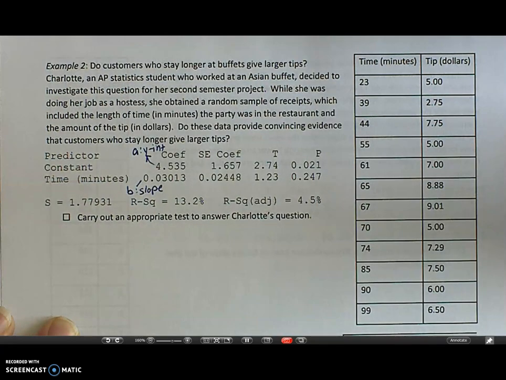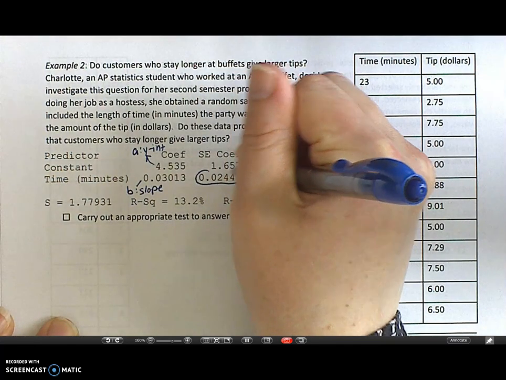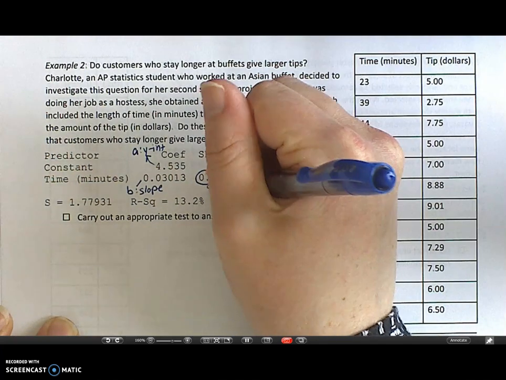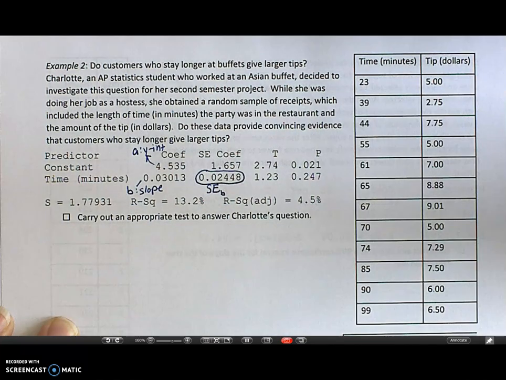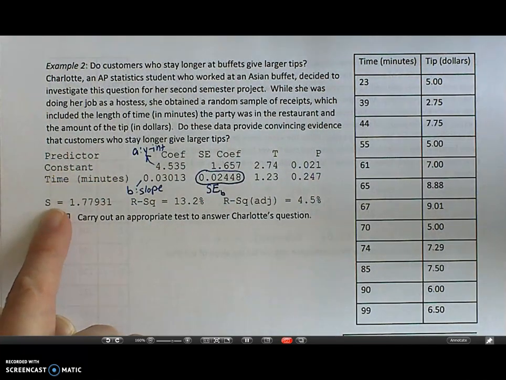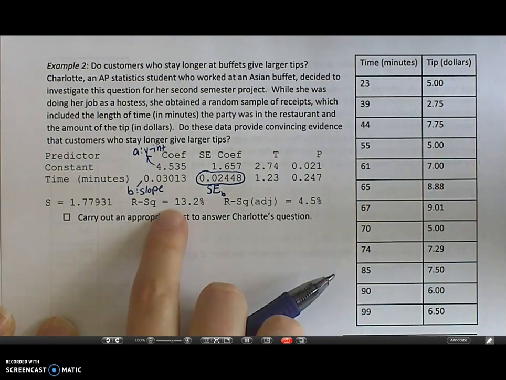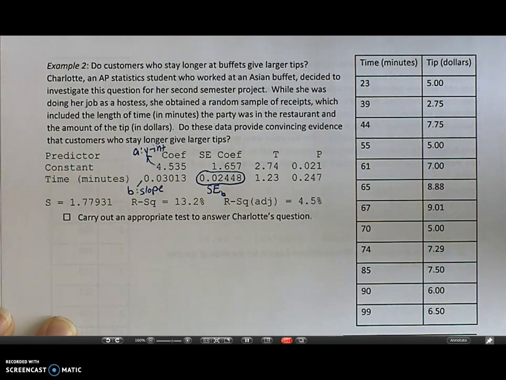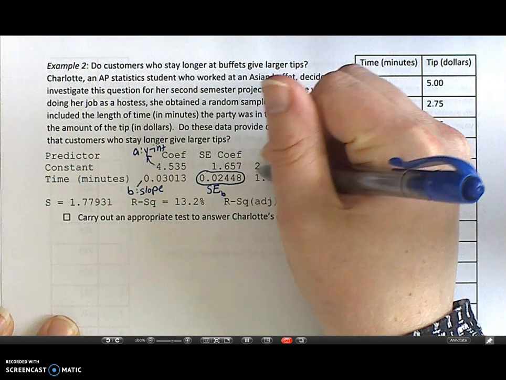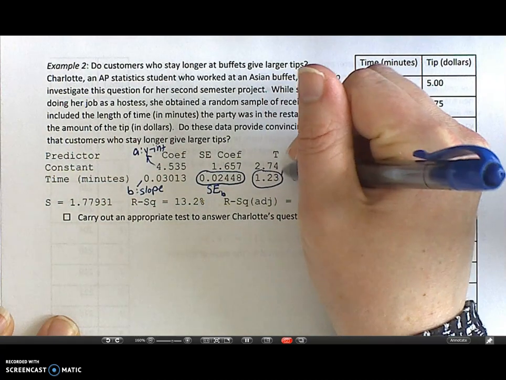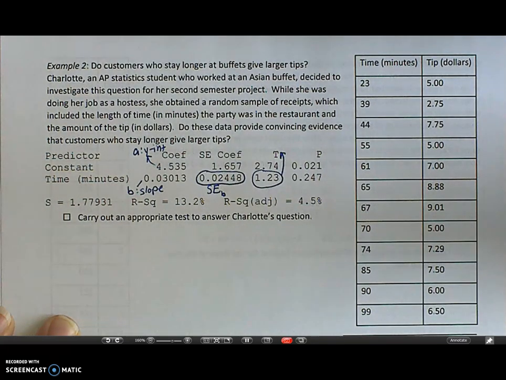Some other values that are important. This value right here is going to be our standard error of our slope. This value of s is going to be the standard deviation of the residuals, so we don't really care about that right now. Obviously, we have r squared. This 1.23 value is actually already giving us our t value, our test statistic.